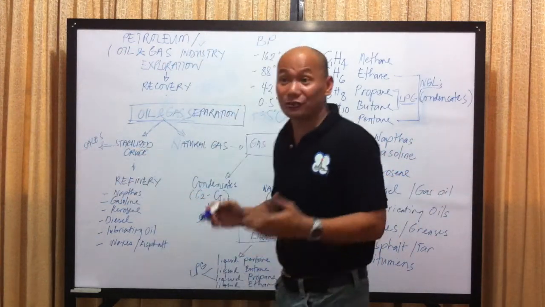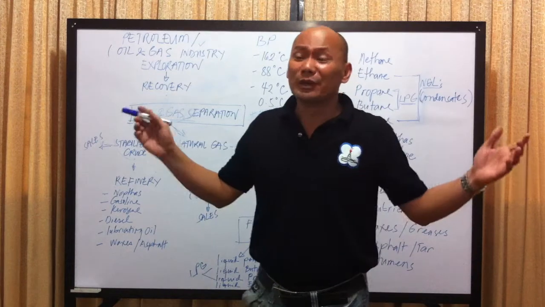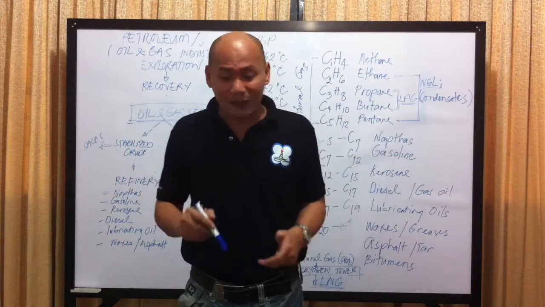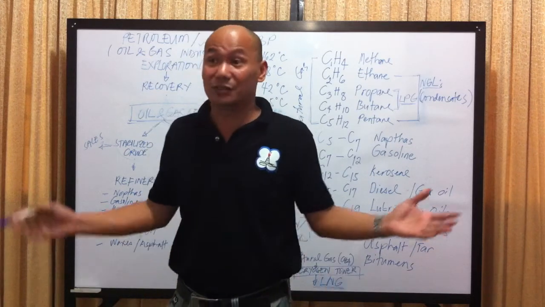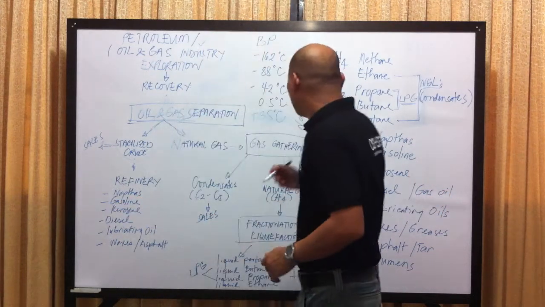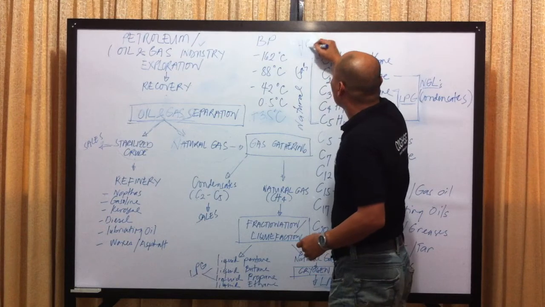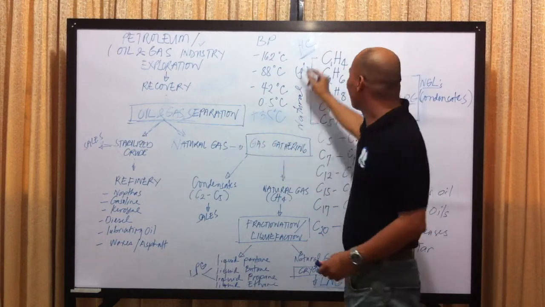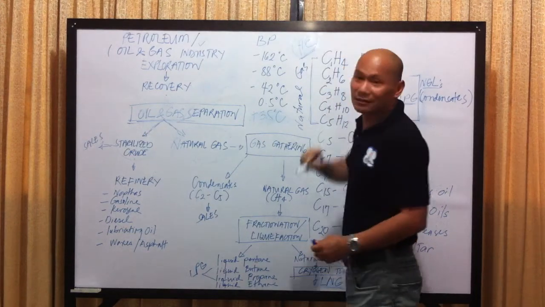These hydrocarbons are formed by the decay of marine organisms that were buried hundreds of millions of years ago beneath the Earth's surface. Hydrocarbons are compounds containing only hydrogen and carbon.